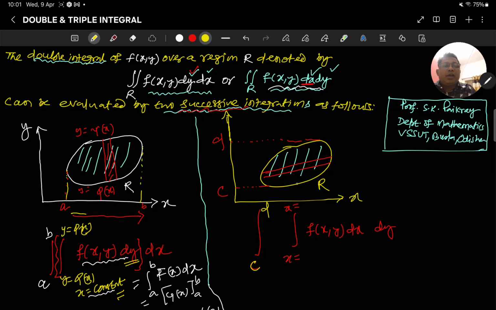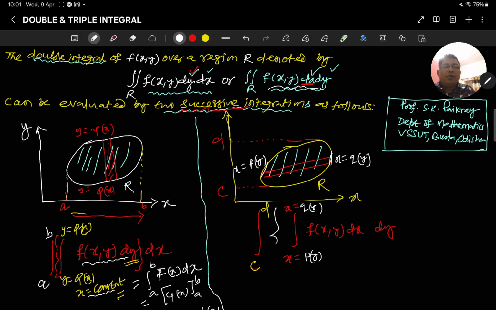Now for the lower limit, suppose it is x is equal to some p of y. Here I can say that this curve is x is equal to some q of y. Then this integral will be from p of y to q of y.